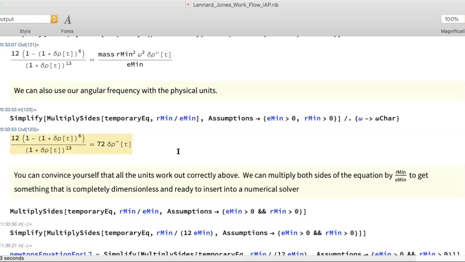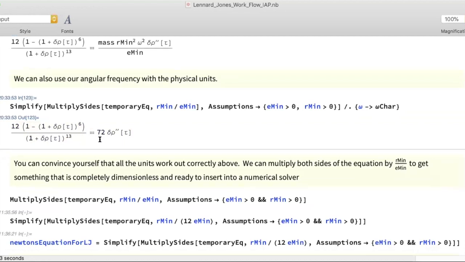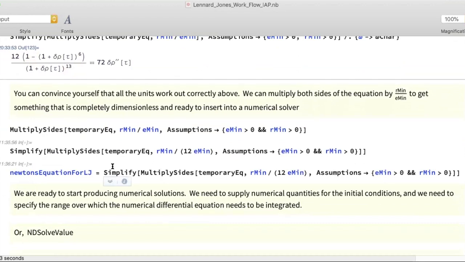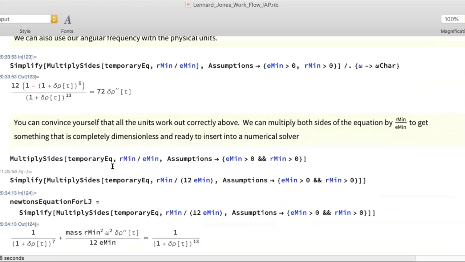And I can now solve this thing numerically. Okay, so I have some of my simplification sitting here. So it looks like I've already written this out. And so I'll just keep this guy up here instead of doing that again.